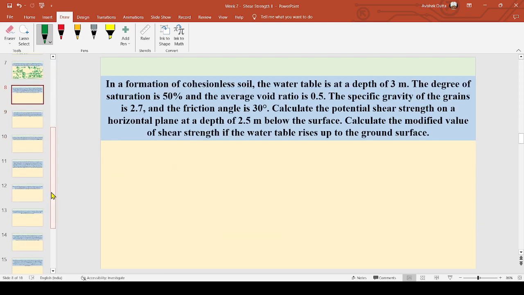This is also a very easy question. The water table is at a depth of 3 meters. The shear strength on the horizontal plane at a depth of 2.5. Now we need to find out gamma to find out the normal stress.